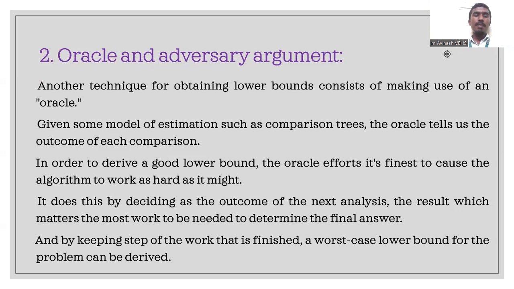It does this by deciding, as the outcome of the next comparison, the result which requires the most work to determine the final answer, and by keeping track of the work that is done, a worst case lower bound for the problem can be derived.